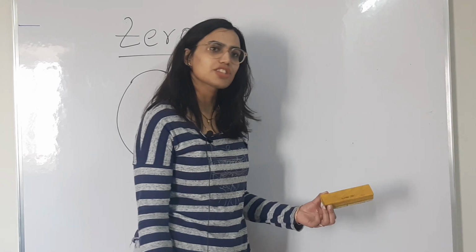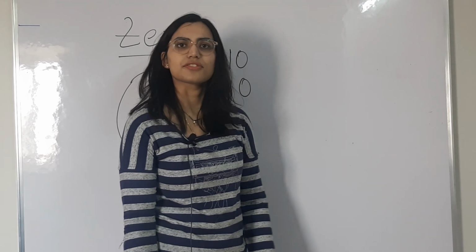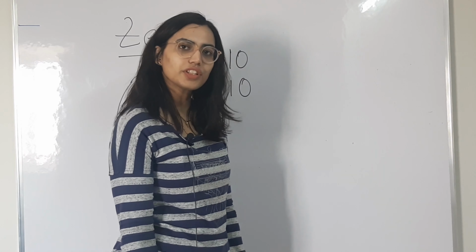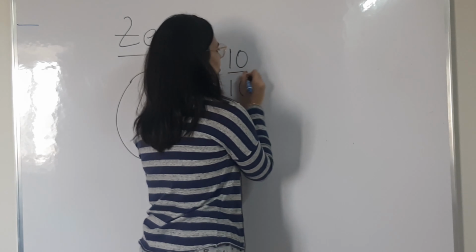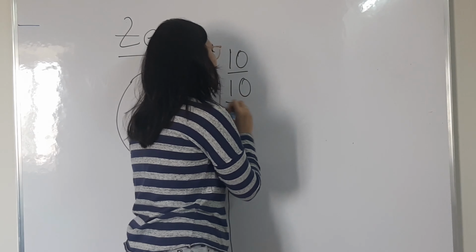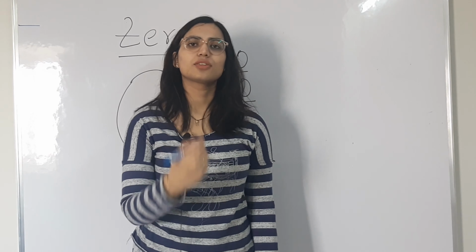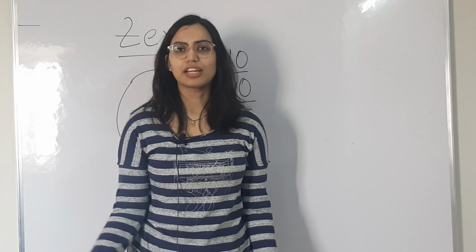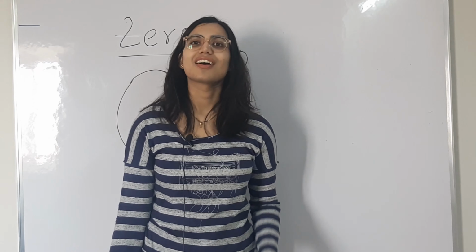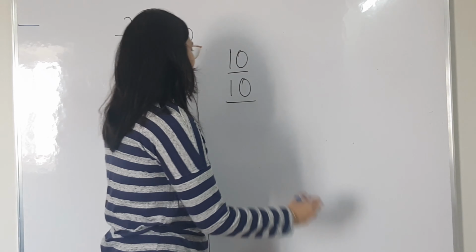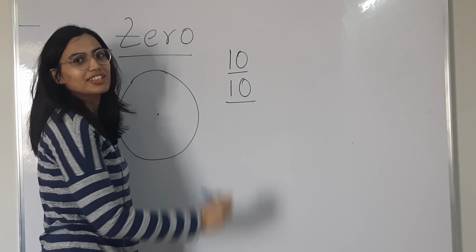And you want to distribute chocolates to your 10 friends. Right? So what will you do? You make them sit in one place and you give all 10 chocolates to your friends. Right? So how many chocolates are you left with? Think about it. You'll be left with none. You'll be left with 0 chocolates.